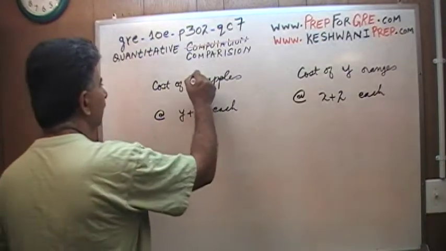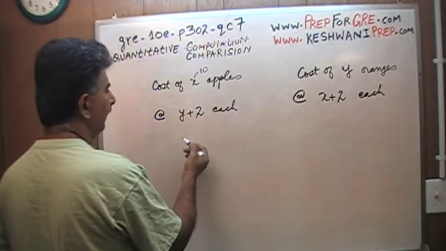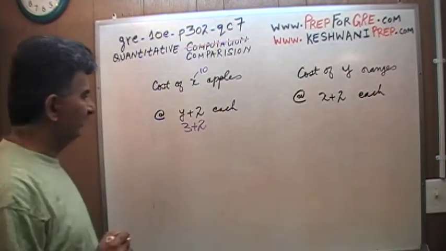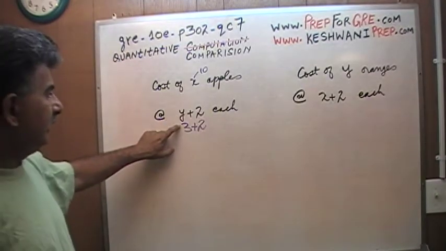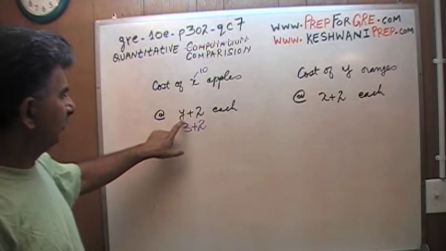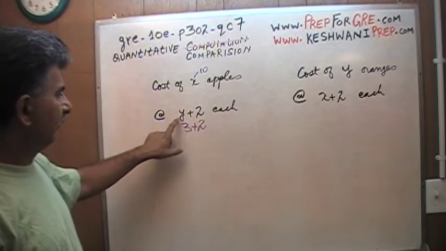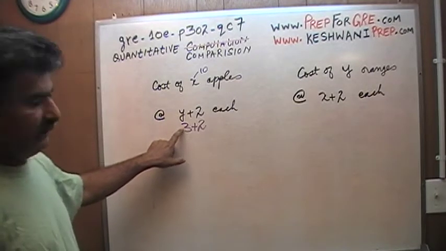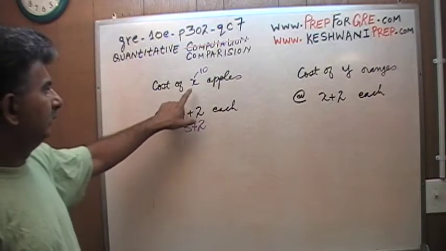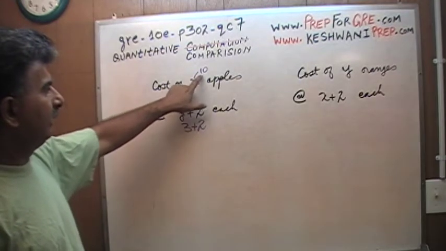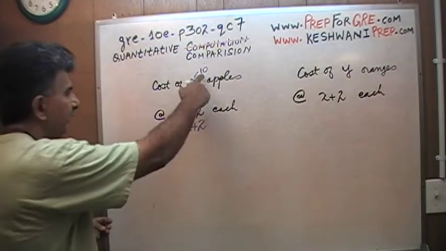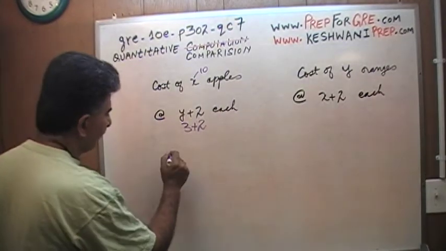See, if I say cost of 10 apples at 5 cents each, so I'm making y equal to 3, and here's my 2, we are told that each apple costs y plus 2 cents, so if I plug in 3 for y, each apple costs 5 cents. So if each apple costs a nickel, and if I'm buying 10 of them, how do I find the price of 10 apples? You're going to take 10 times 5, which is exactly what we're going to do here.